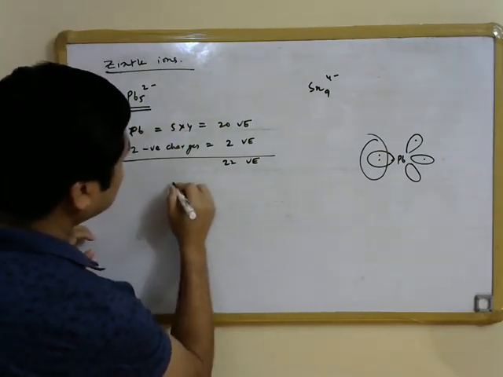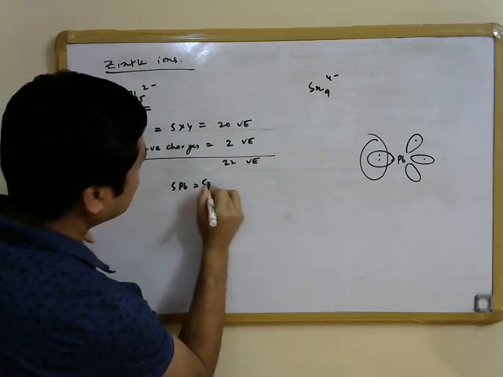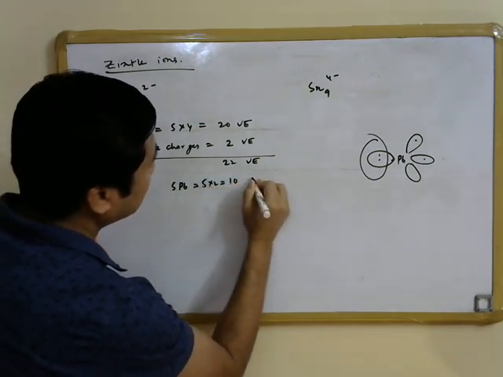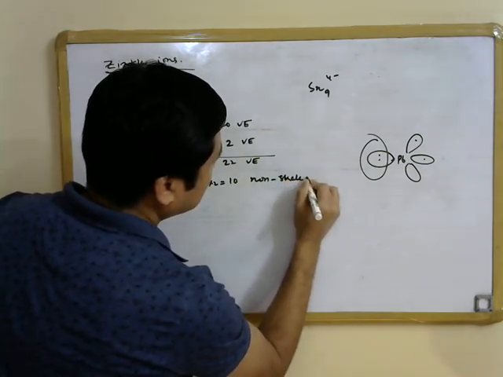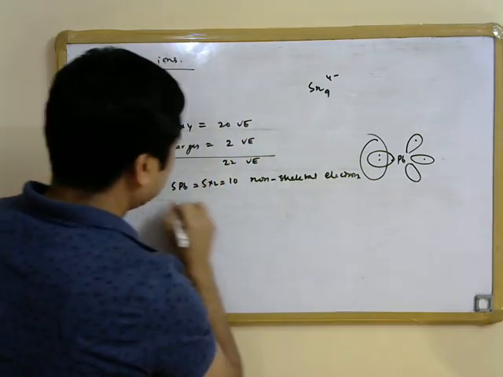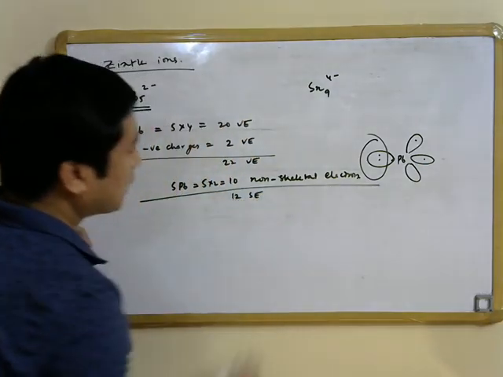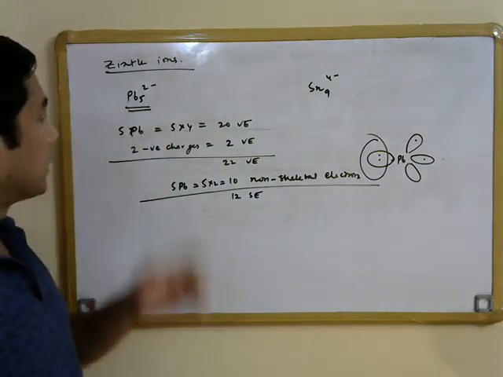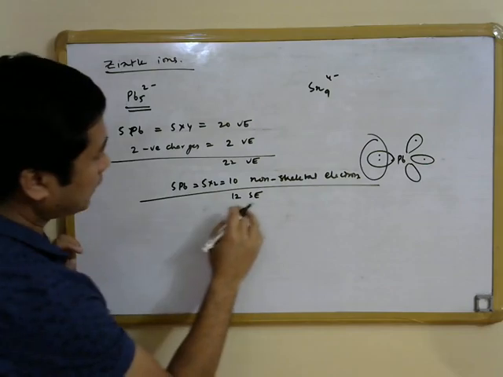We have 5 lead centers, so 5 into 2, that is 10 non-skeletal electrons. Once we deduct this, what we get is 12 skeletal electrons present in this lead cluster or lead Zintl ion over here.